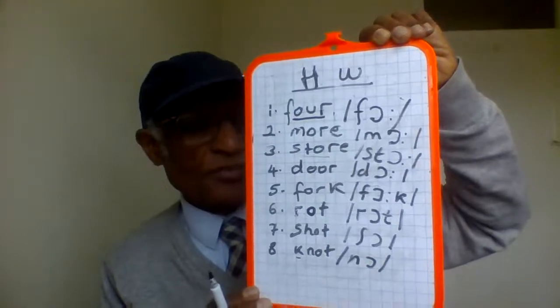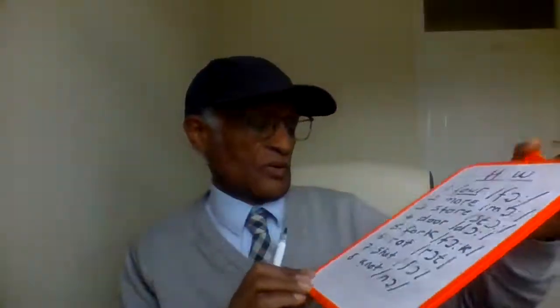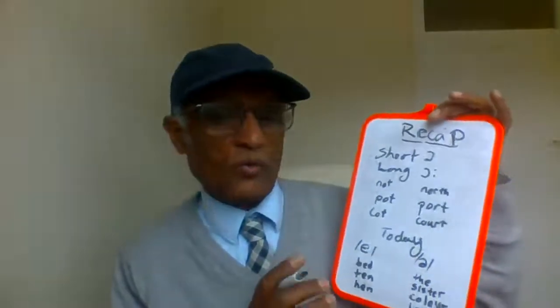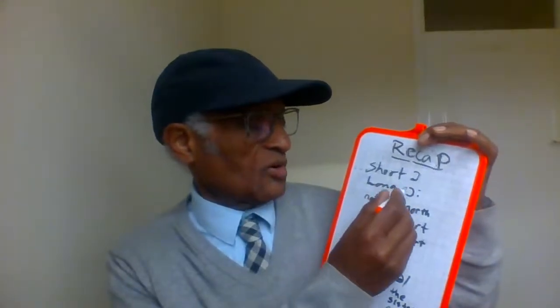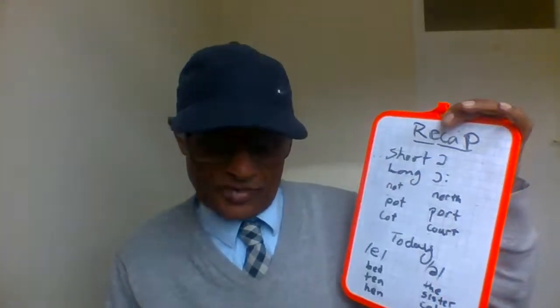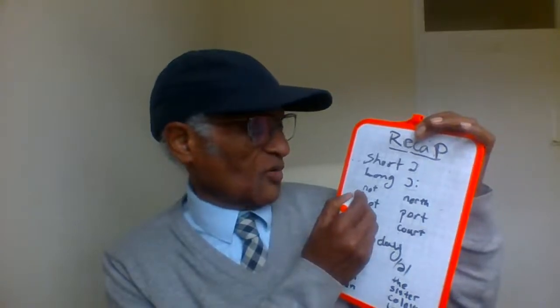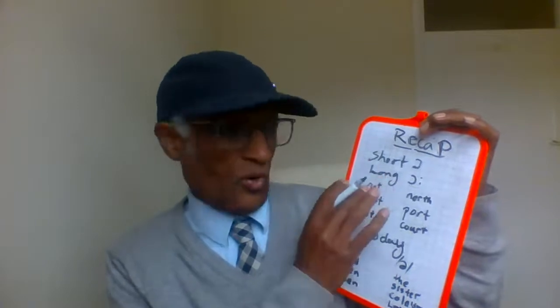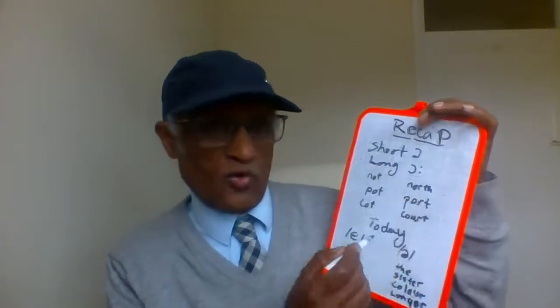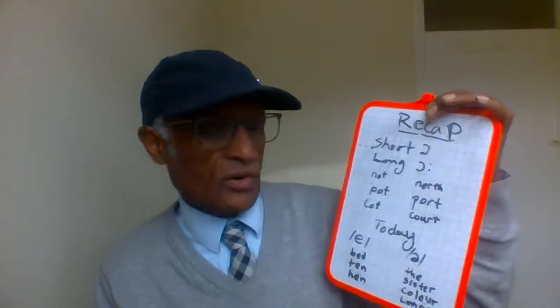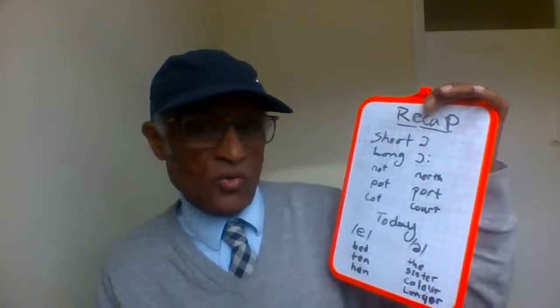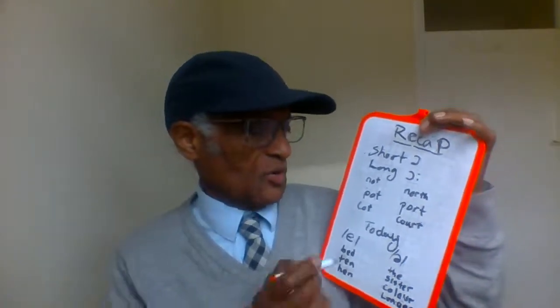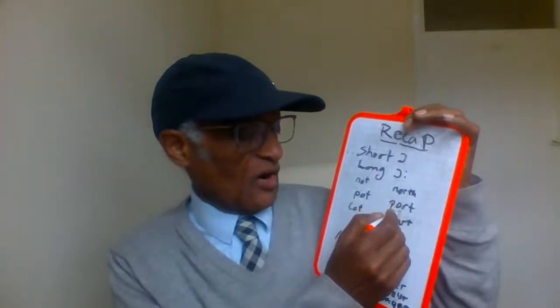Okay, now we go to the next lesson. First, let's recap on what we did last time. That's short o and long o. Okay, and so we have "not", "pot", "cot" for short o. And long o, "north", "port", and "court". So usually we've got the R in there.